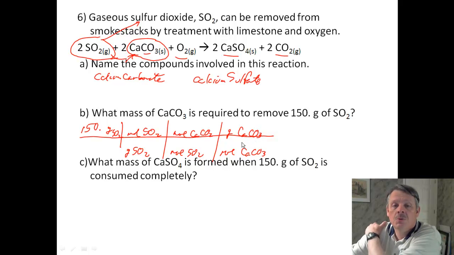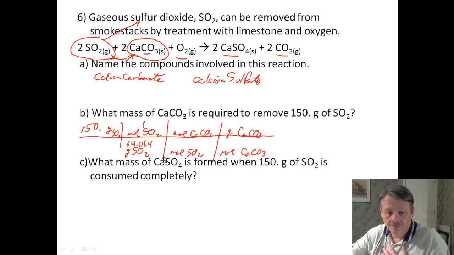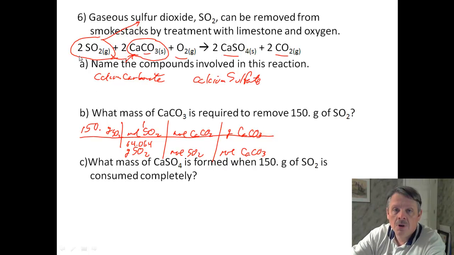All right, so what do we know? Well, we know we have to go look up sulfur dioxide and figure out how much it weighs. Okay, and sulfur dioxide weighs 64.064 grams in 1 mole. Now we look up here at our coefficients, and our coefficients are 2 and 2. So that's easy. And 1 mole of calcium carbonate, we have to figure out how much calcium carbonate weighs.